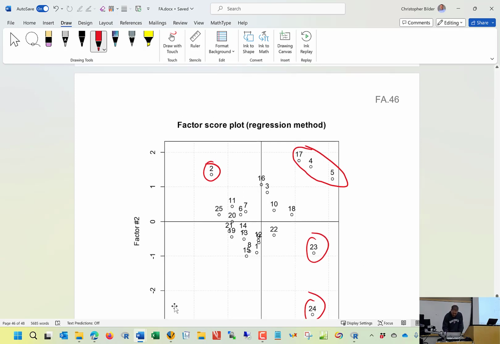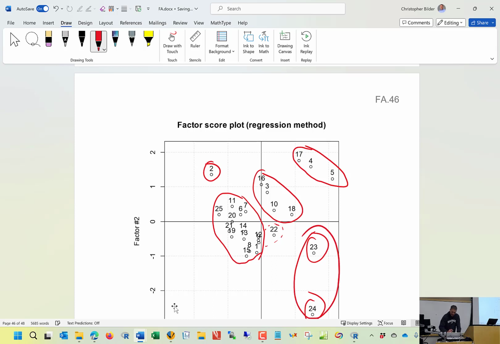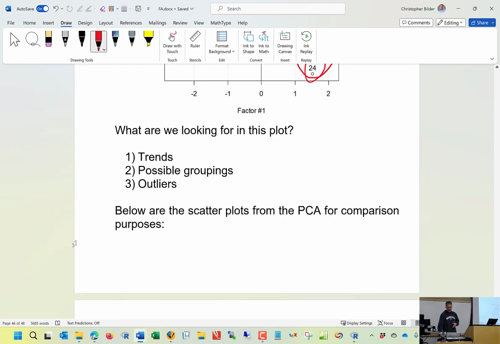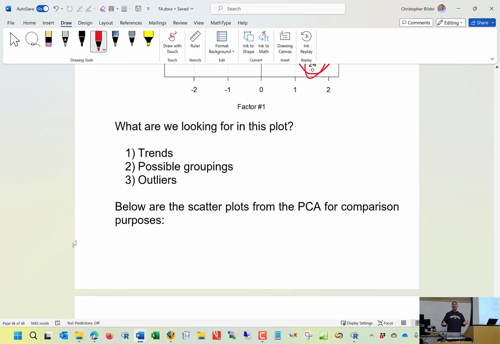For example, if I were to do an ad hoc grouping here, I might do this and combine those two together. So that will be my grouping. And it's somewhat similar to what we have seen with principal component analysis, which makes sense because the overall goals are very, very similar.